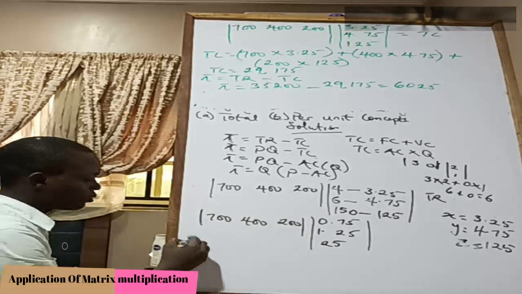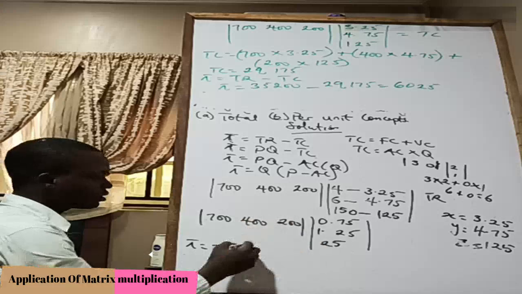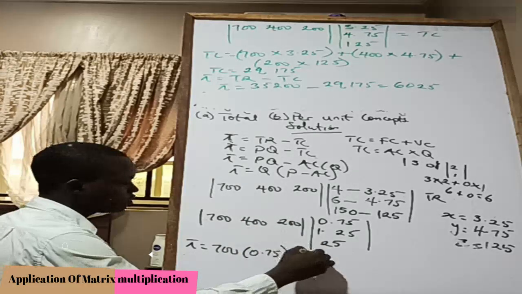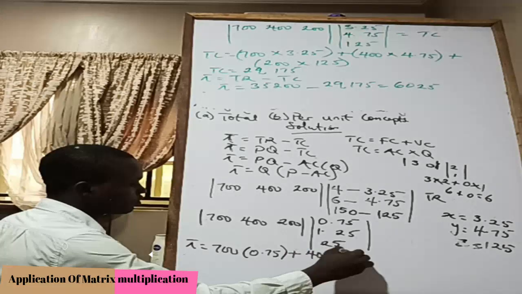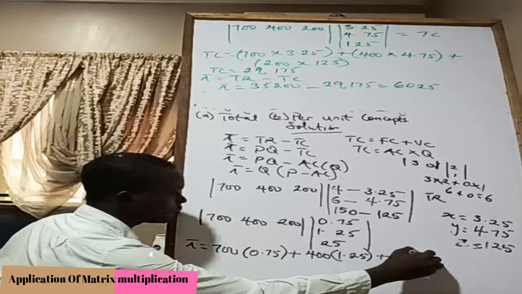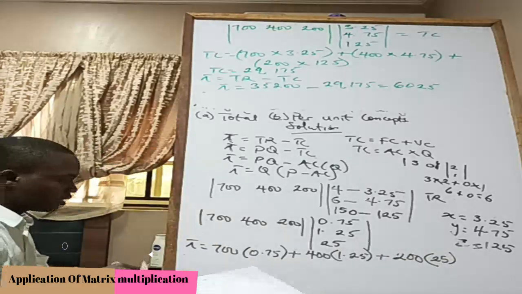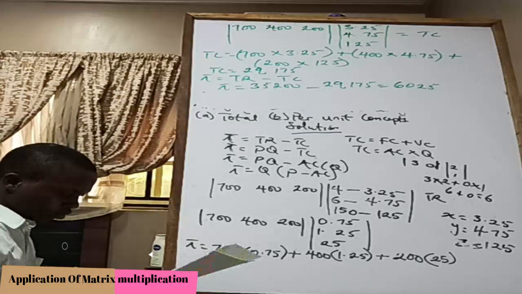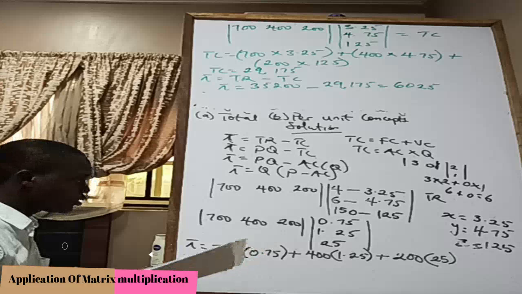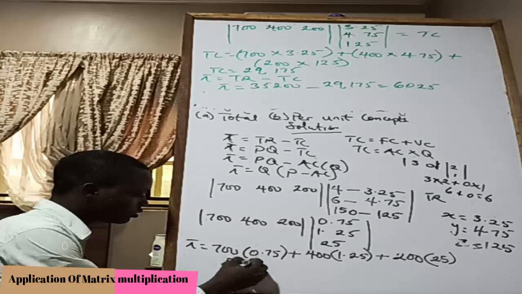Here we are getting our profit straight, which is 700 multiplied by 0.75, plus 400 multiplied by 1.25, plus 200 multiplied by 25. So the profit straight from here is equal to 6025.